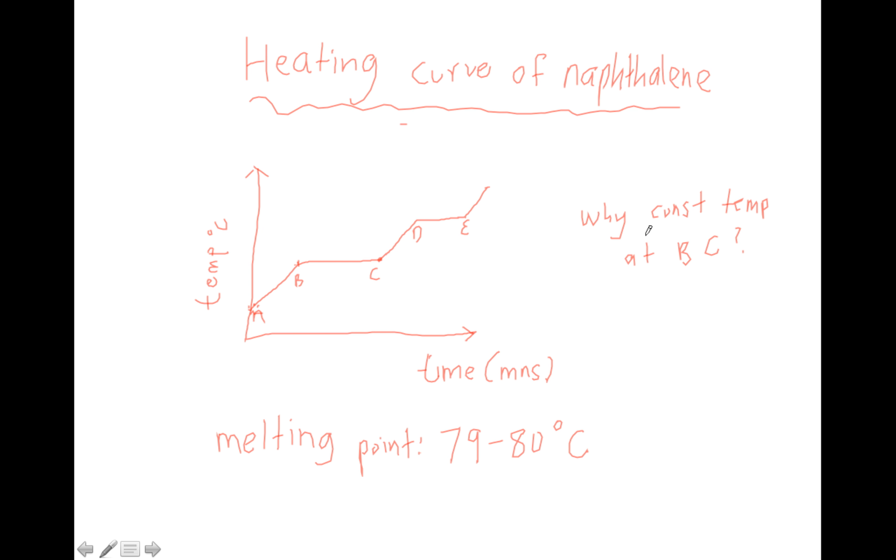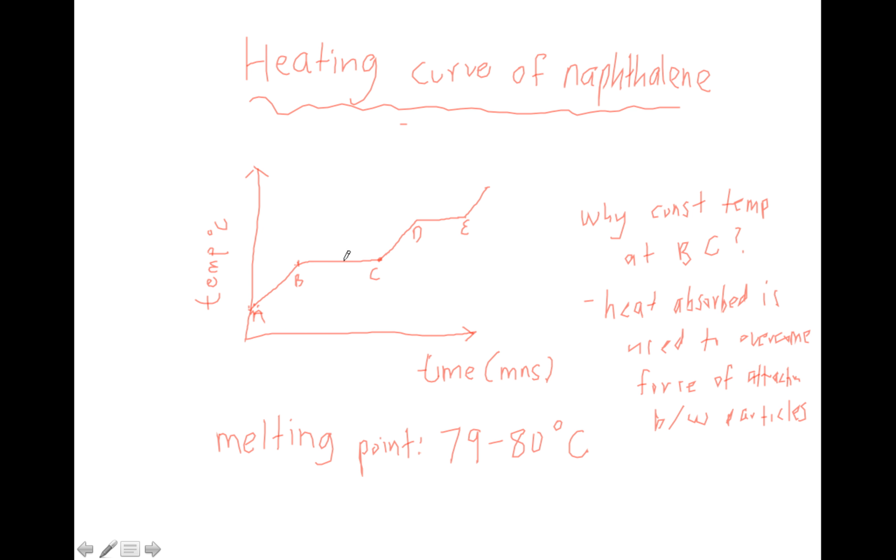Now the reason, as I mentioned to you, is that the heat absorbed, because naphthalene is absorbing heat at this point, is used to overcome the force of attraction between particles. Now, what does this mean in simple English?